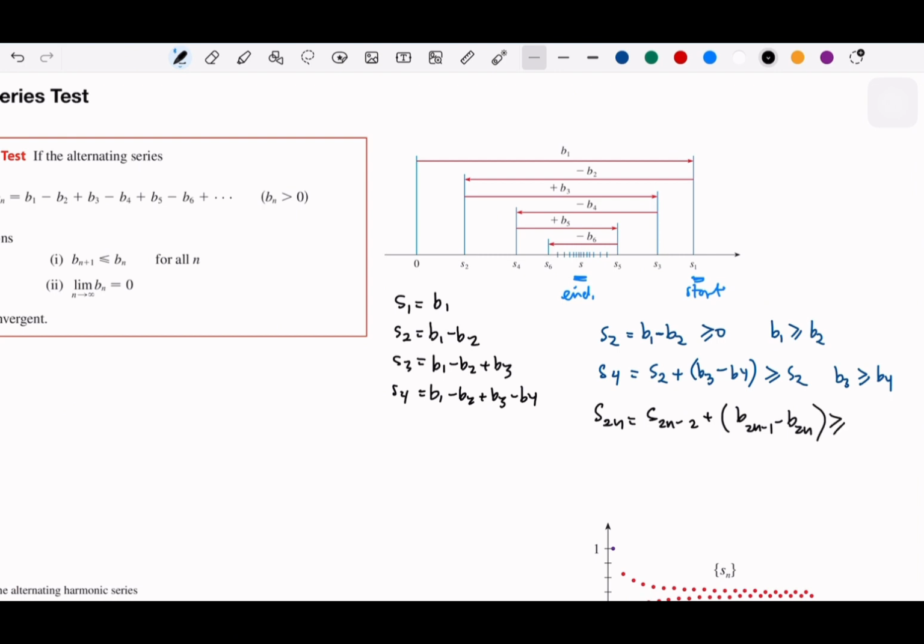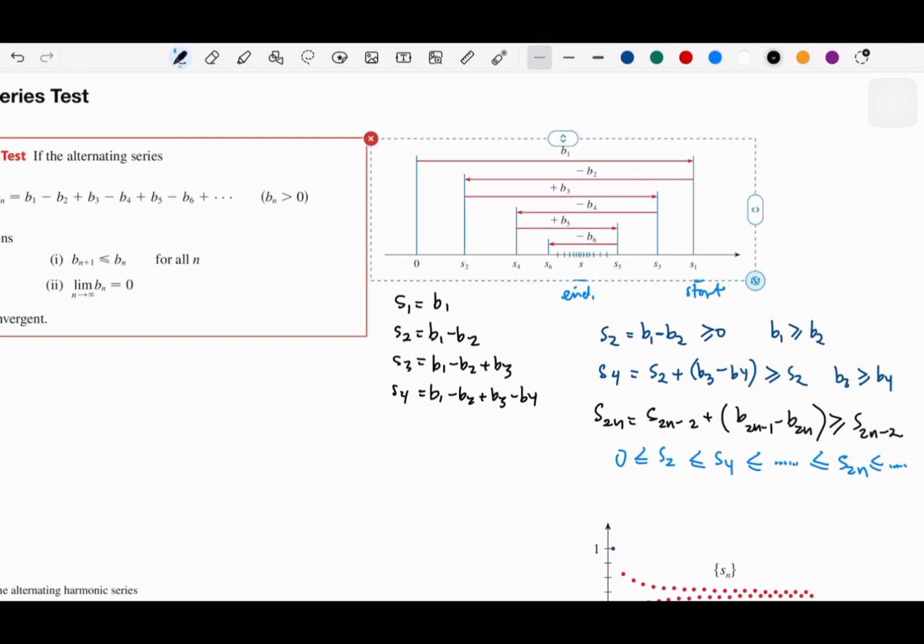This should be greater than S2n minus 2. So we can see 0, S2, S4, S2n. And we can also write the S, let me write here.